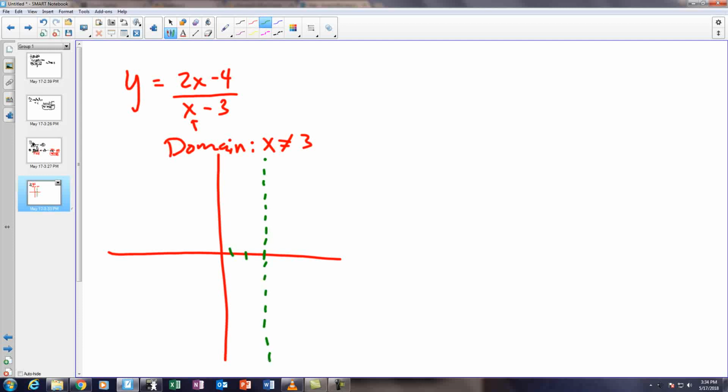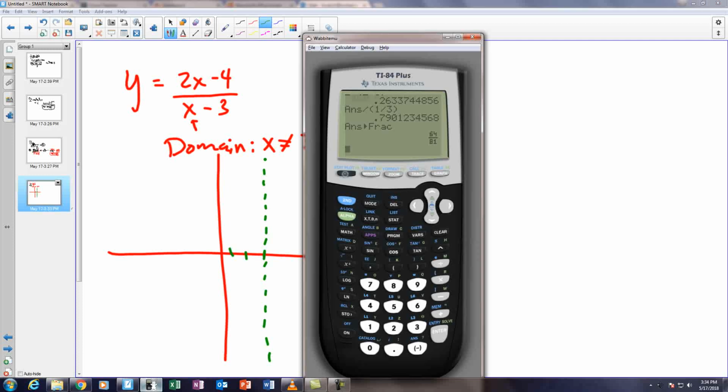The rest of this I'm going to do just straight into my calculator. Go to y equals. Let's turn that off. I don't want that on. I'm going to start with parentheses 2x minus 4, close parentheses. It's really important that you group the top and bottom separate from each other so that you don't have a bad graph when you go to the calculator.